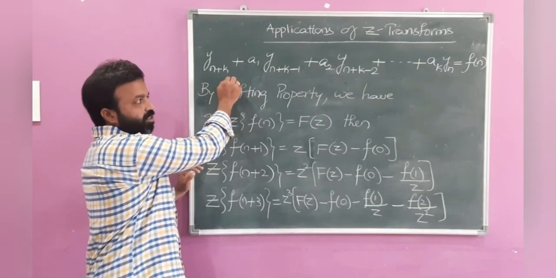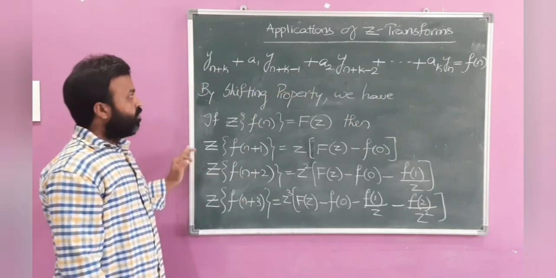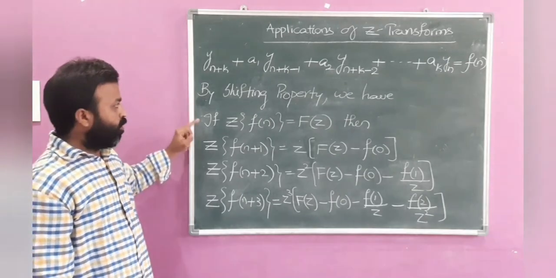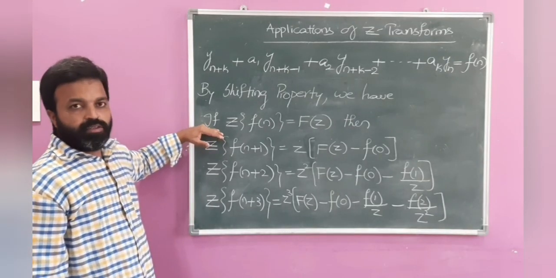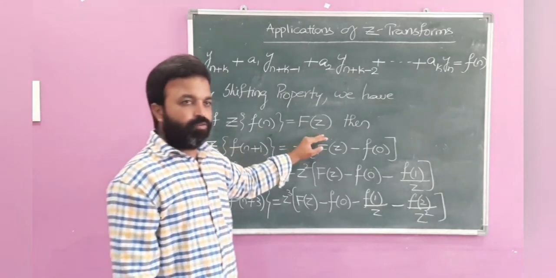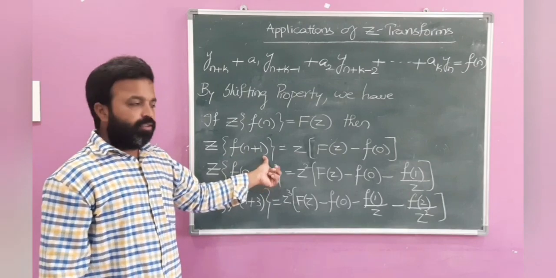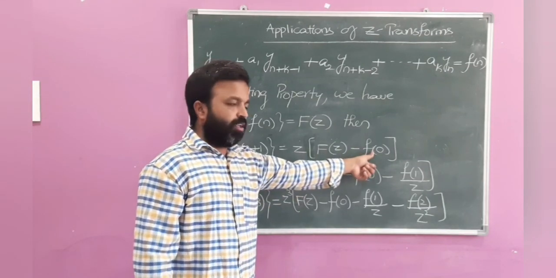To solve the difference equation, we use shifting properties. We already know the statement of the shifting property, that is if z of f of n equal to f of z, then z transformation of f of n plus 1 equal to z into f of z minus f of 0.